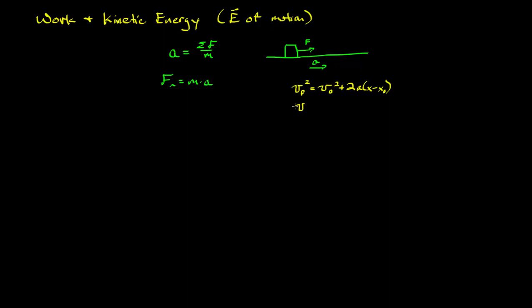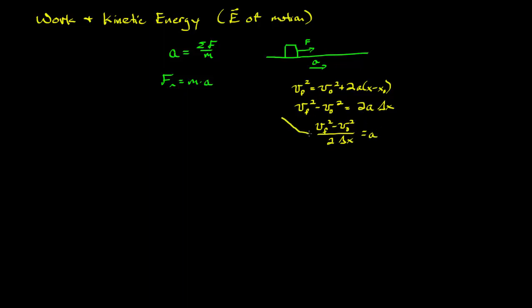So we'll move this over. We get Vf squared minus V naught squared is equal to 2a. Instead of x minus x naught, I'm just going to put delta x. It's a little easier. And so we see that Vf squared minus V naught squared over 2 times delta x is equal to a.